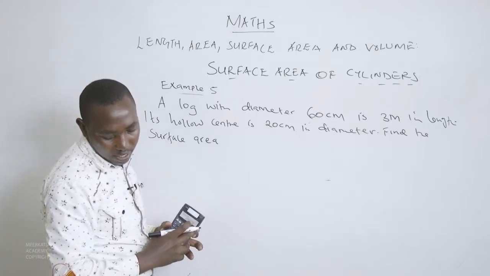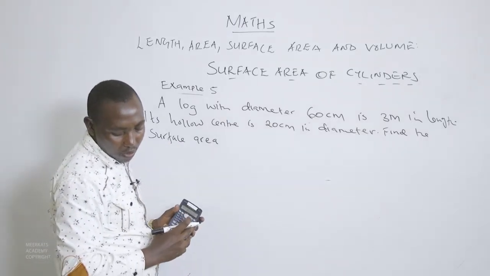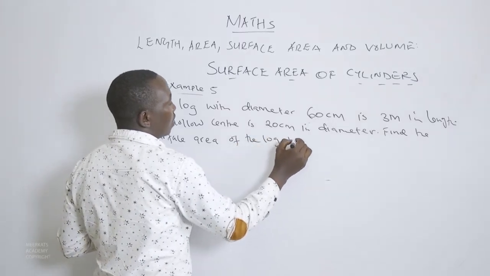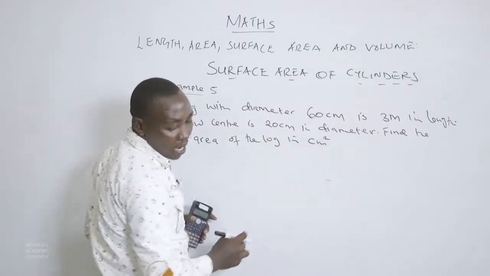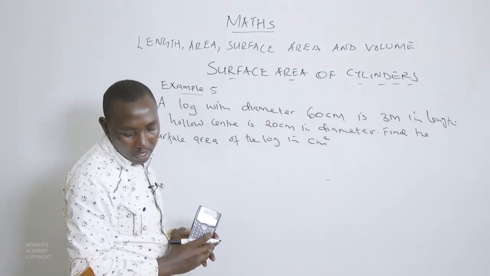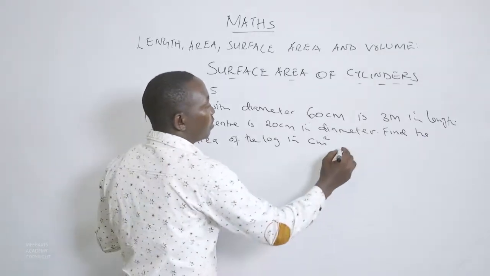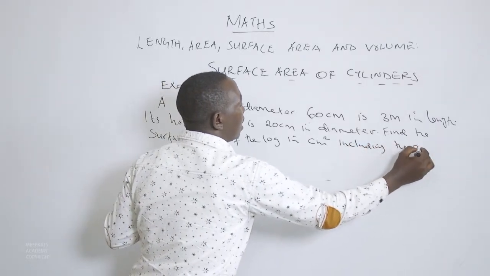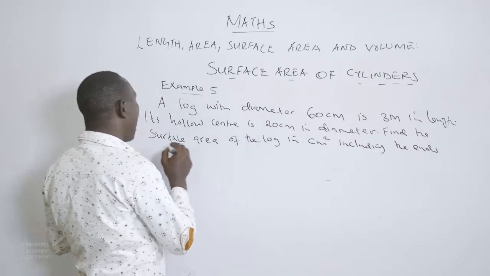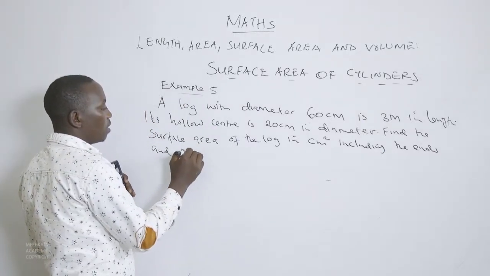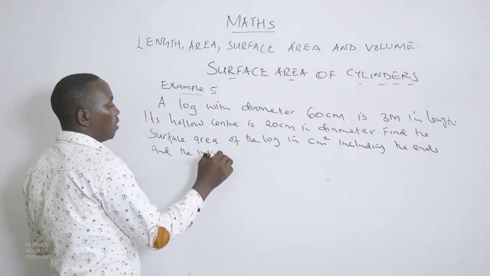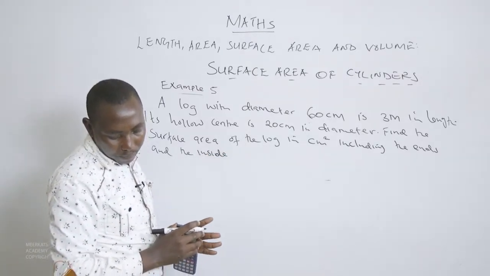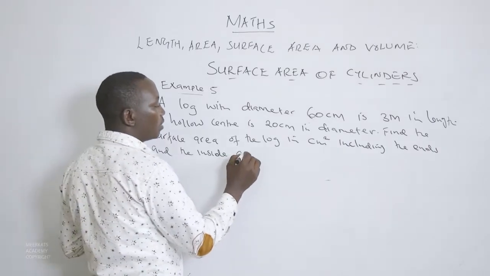We're supposed to find the surface area of the log in square centimeters, including the ends and the inside, correct to 1 decimal place.